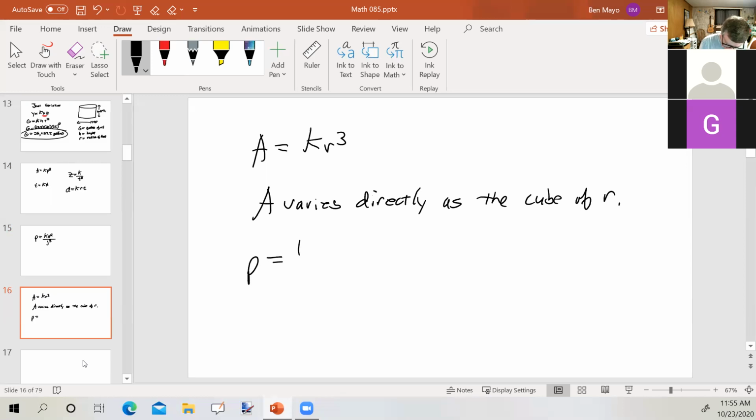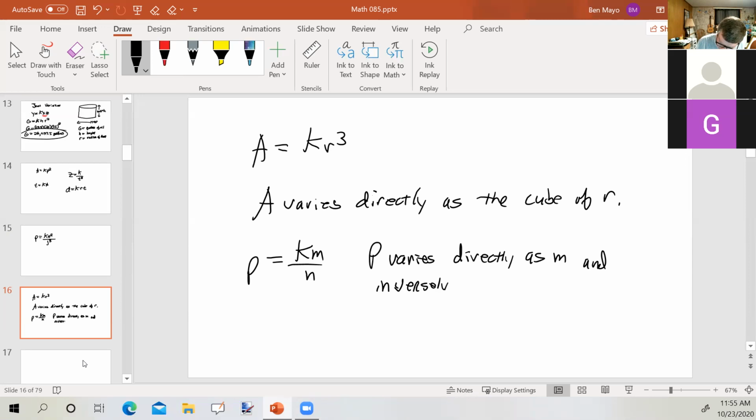P equals K M over N. You would say P varies directly as M and inversely as N. So again, you can have a combination of two.